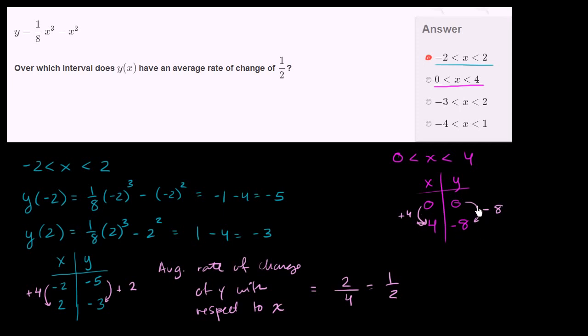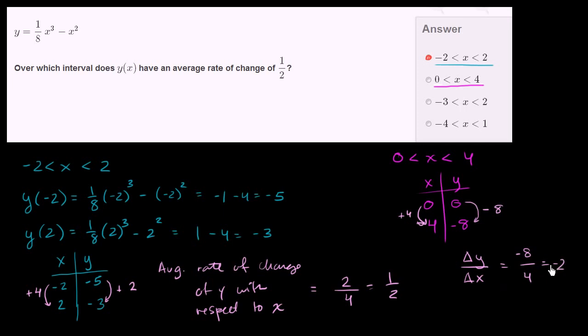So the average rate of change of y with respect to x here is, I could write my change in y, this Greek letter delta is just shorthand for change in. My change in y is -8 when my change in x is 4. So the average rate of change here is -2.